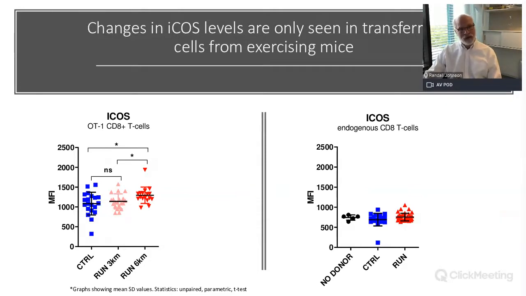However, if we looked at lower or higher running rate mice, we saw significant changes between controls and running mice in the transferred CD8 positive T cells, indicating that there really was a significant change in these T cells, even as they're in animals that are not running at all.